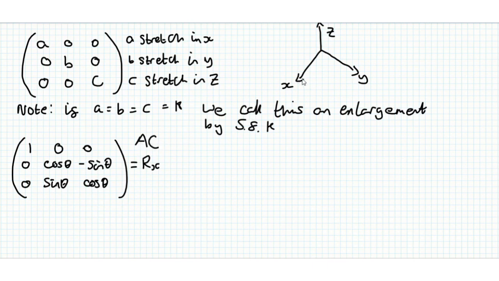Okay, so that means basically if we take our view of the shape from this x-axis, so looking into the x-axis towards the origin, so along this line, then the shape's going to appear to rotate theta degrees anti-clockwise.